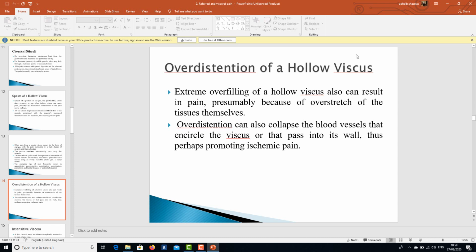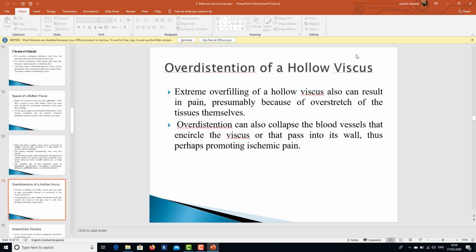Now, overdistension of a hollow viscus. Let's talk about that if a hollow viscera is actually overfilled, it is overburdened, there is overstretching of the tissue themselves, and this overdistension is going to collapse the blood vessels which are there in its wall.